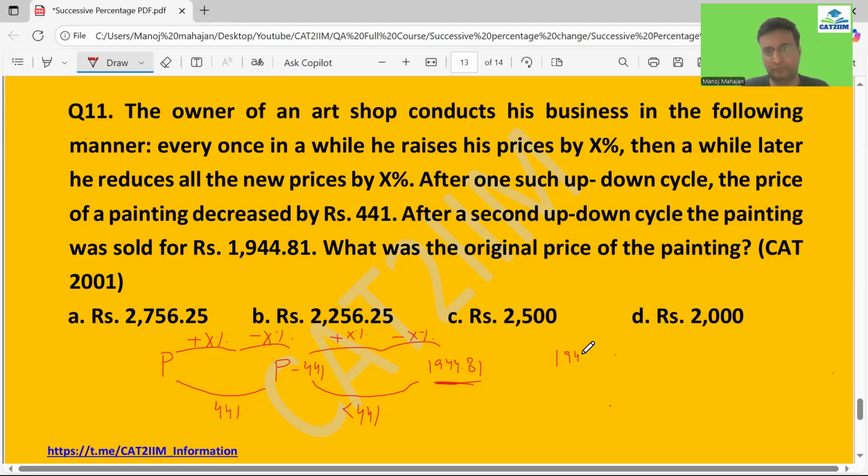1944.81 was the final. If you add, let's say 441 plus something less than 441, we are going to look forward. We do not know this value. Let's just add this. We'll actually figure out which options to be eliminated, right?